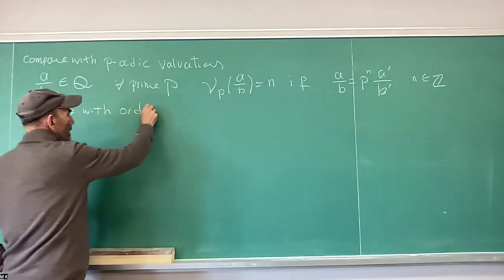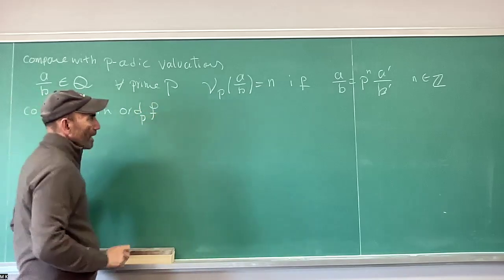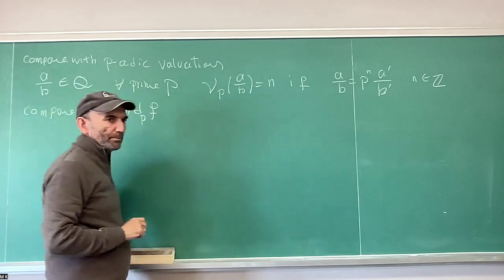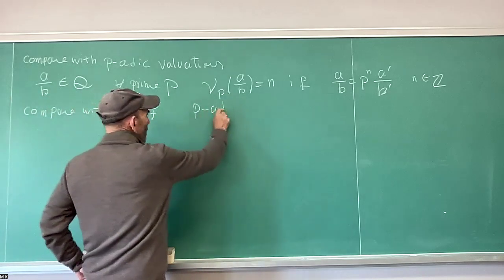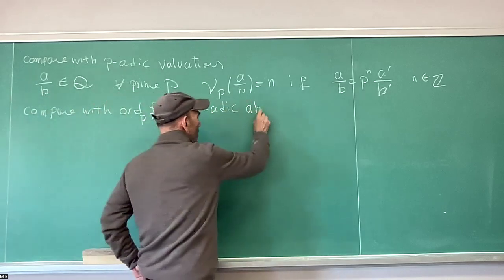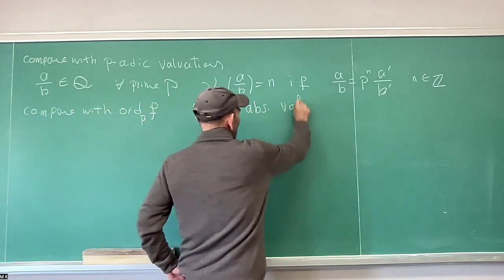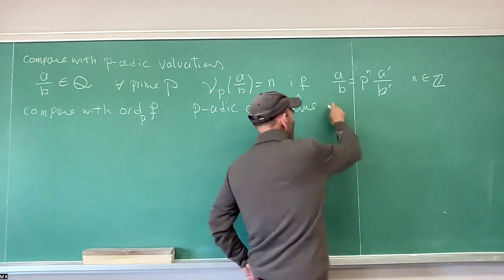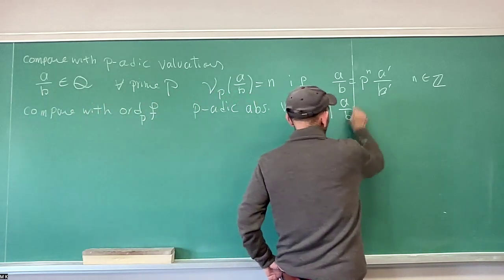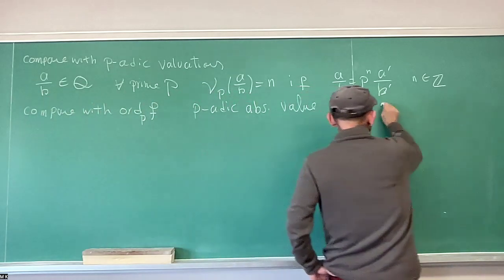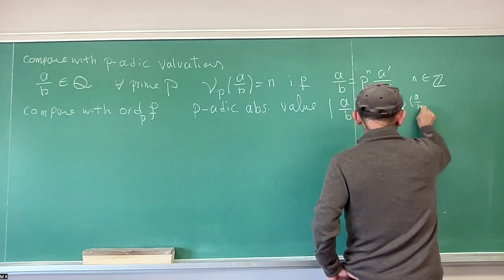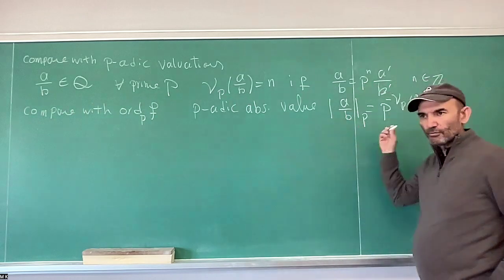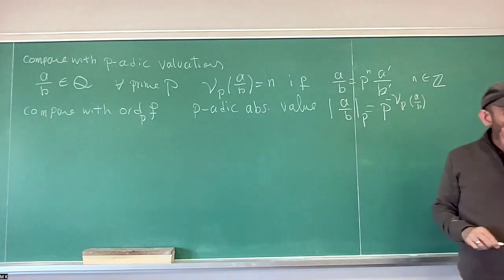Quite comparable to that. Now what we do, we define a p-adic absolute value, which is p to the power minus ν_p of a/b. Just raise it to the negative of that.